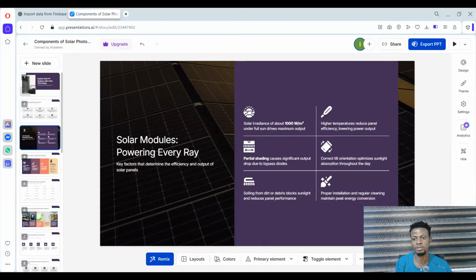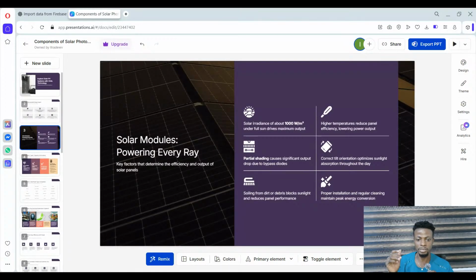So you have to ensure that the panel is free from every form of dirt or debris. And that's why some people do maintenance even on their panel. If your panel is in a place where there is a lot of dust or debris, you have to do consistent maintenance on it, especially during dry season where there's a lot of dust in the atmosphere.